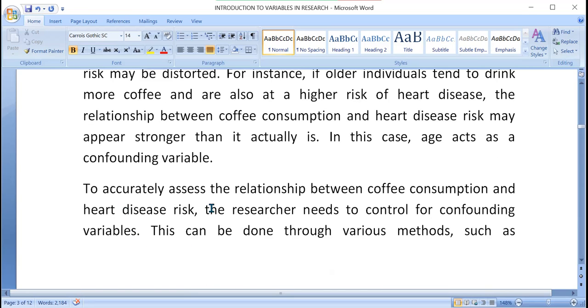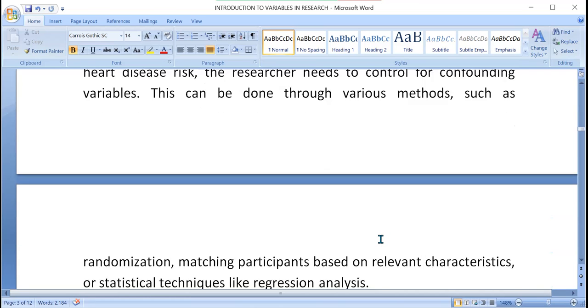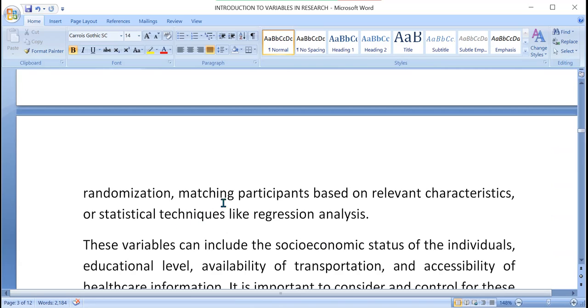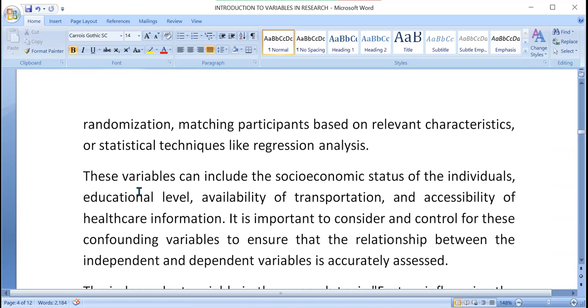So to accurately assess the relationship between coffee consumption and heart disease risk, the researcher needs to control for confounding variables. This can be done through various methods, such as randomization, matching participants based on relevant characteristics, or statistical techniques like regression analysis. But this is beyond the scope of this lecture.